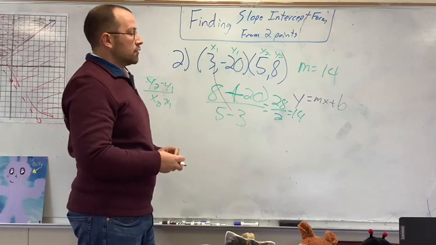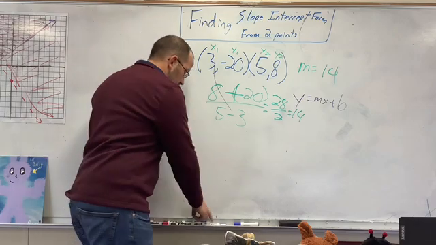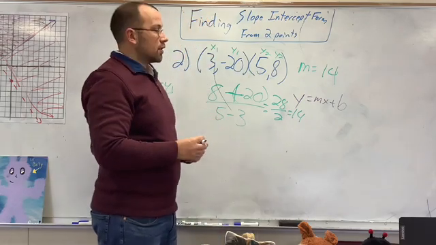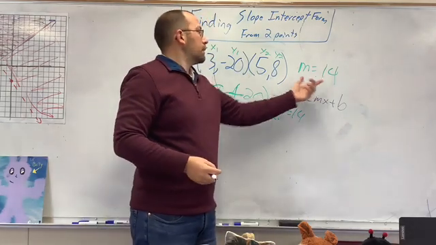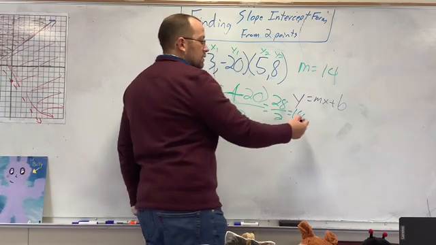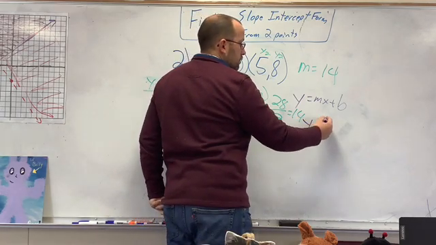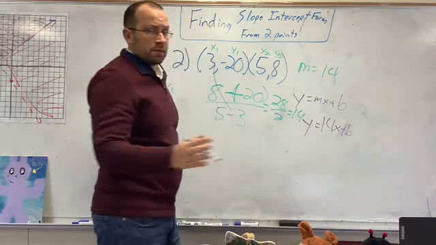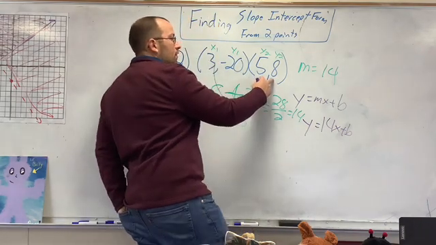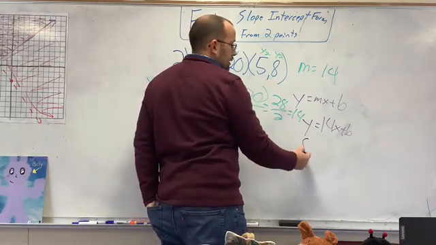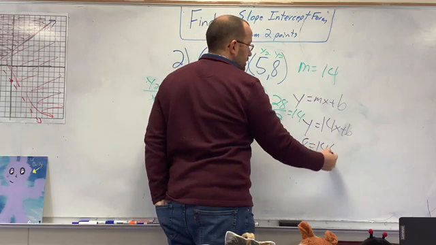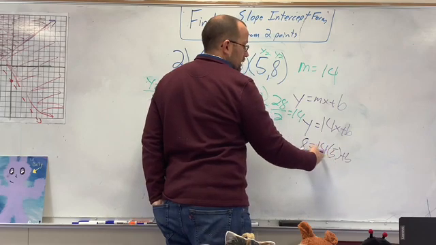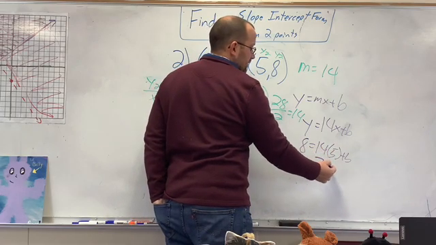Now I have to find my b, or my y-intercept. So to do that, I plug in my slope and one of the points. So y equals my slope, x plus b, and I try to stay away from negative numbers whenever I can, so I'm going to use 5 and 8. 8 equals 14 times 5 plus b, that's 70.